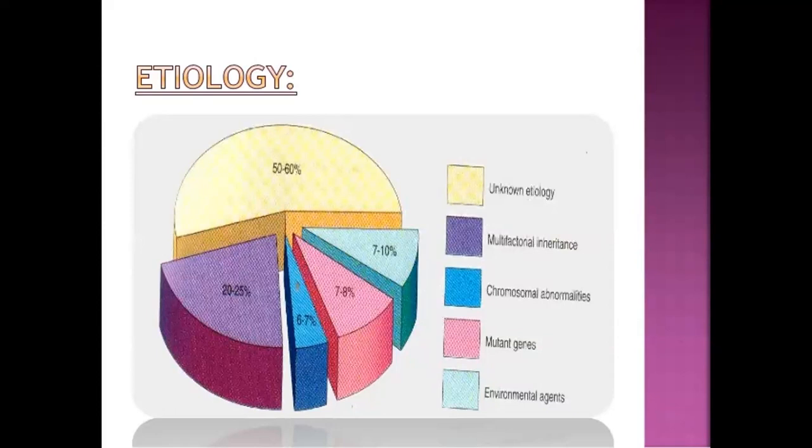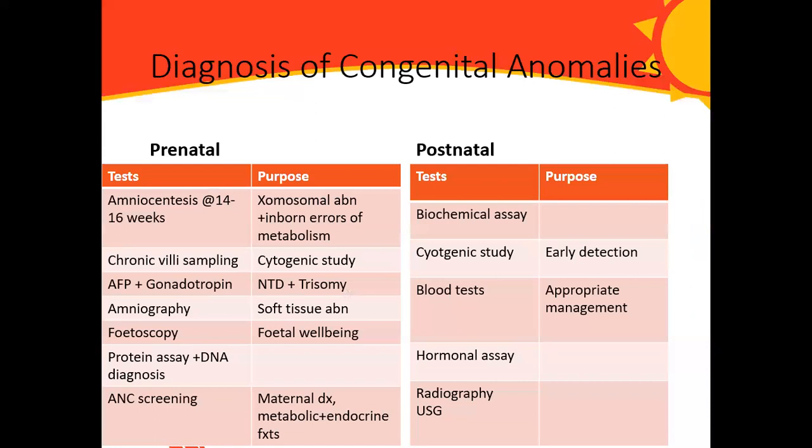So how do you make a diagnosis? Diagnosis of congenital abnormalities can be made prenatally or postnatally. And now with advancement in technology, it's important to make a prenatal diagnosis of many of the congenital abnormalities.